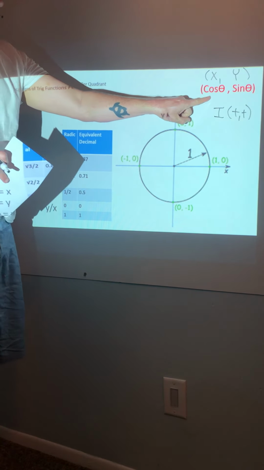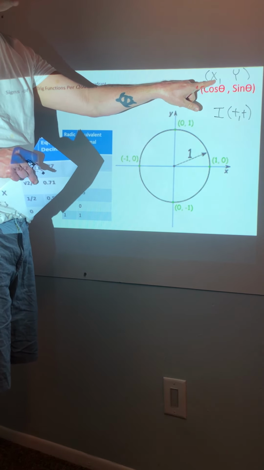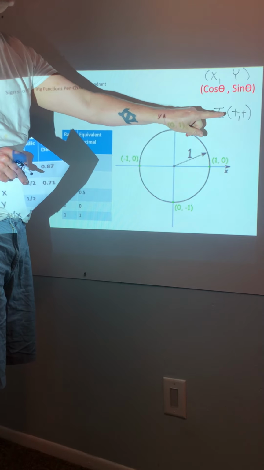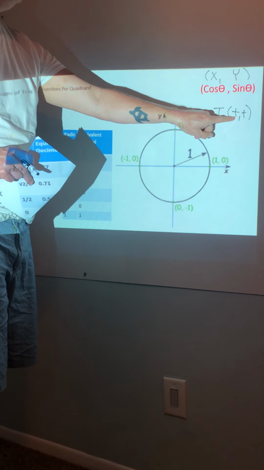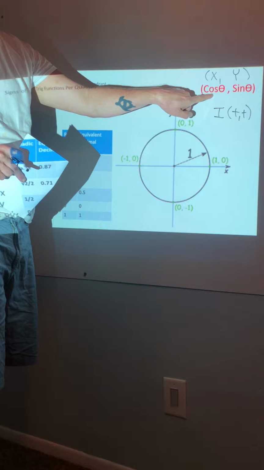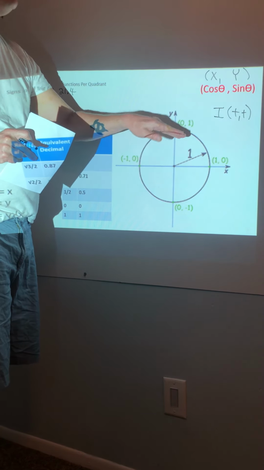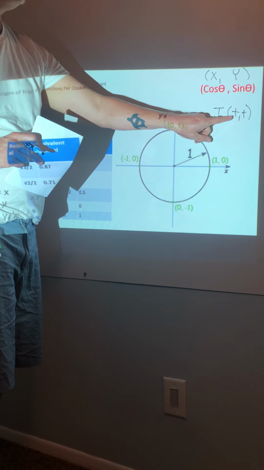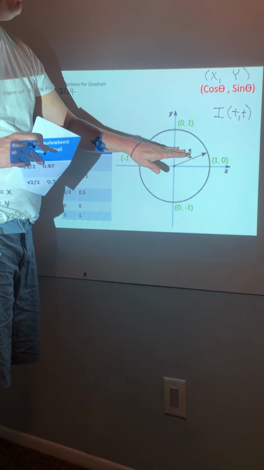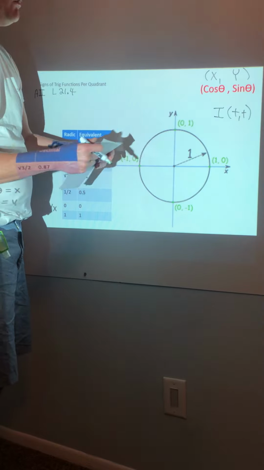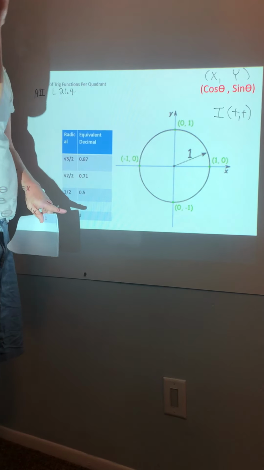Well, since cosine of theta is x, and you're in quadrant 1, and you know all x's are positive, then all the cosines of theta are going to be positive in quadrant 1. Same goes for sine of theta, because remember the x and the y, all those cosine thetas, sine thetas are all positive in quadrant 1.